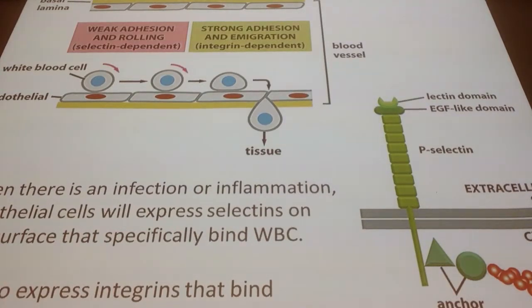But basically, to set up the scenario, you might have an infection or you might have an injury. For an infection you want to fight the infection. For an injury you want to carry out wound healing. Now, wound healing or getting rid of infection requires blood cells, right?